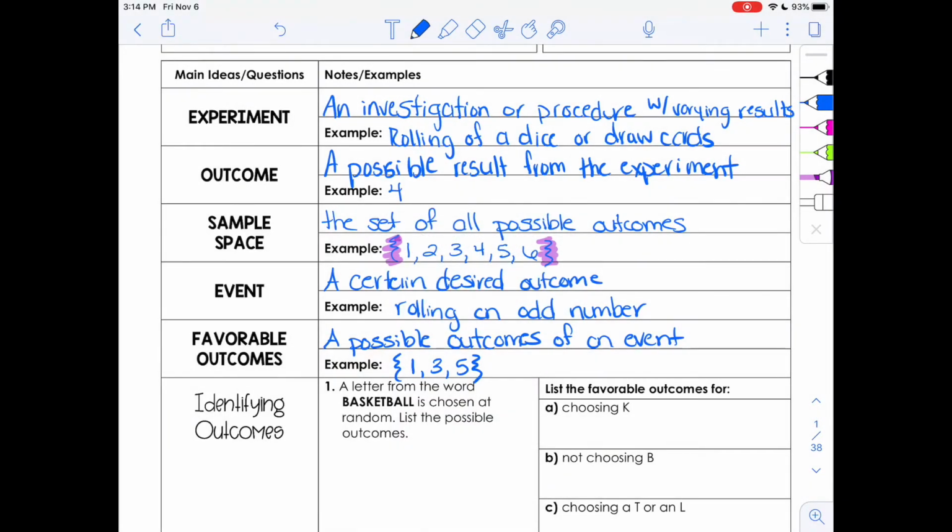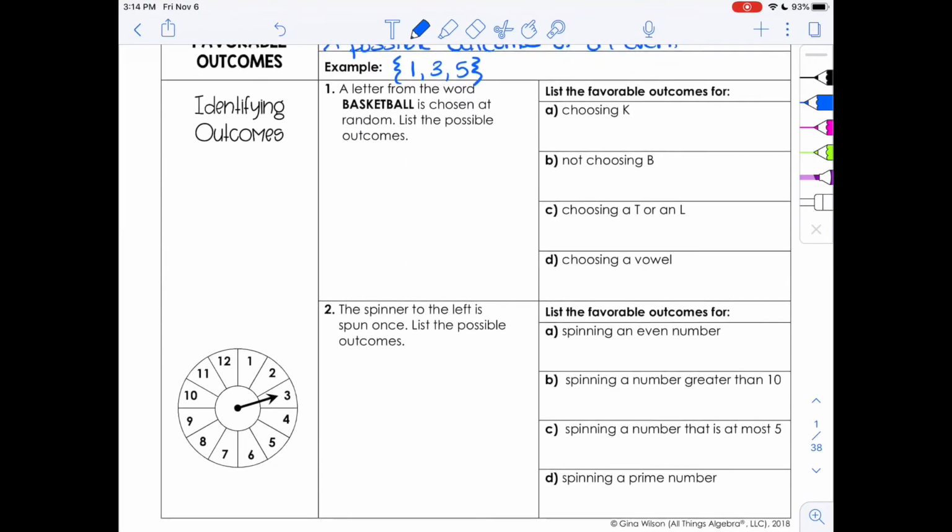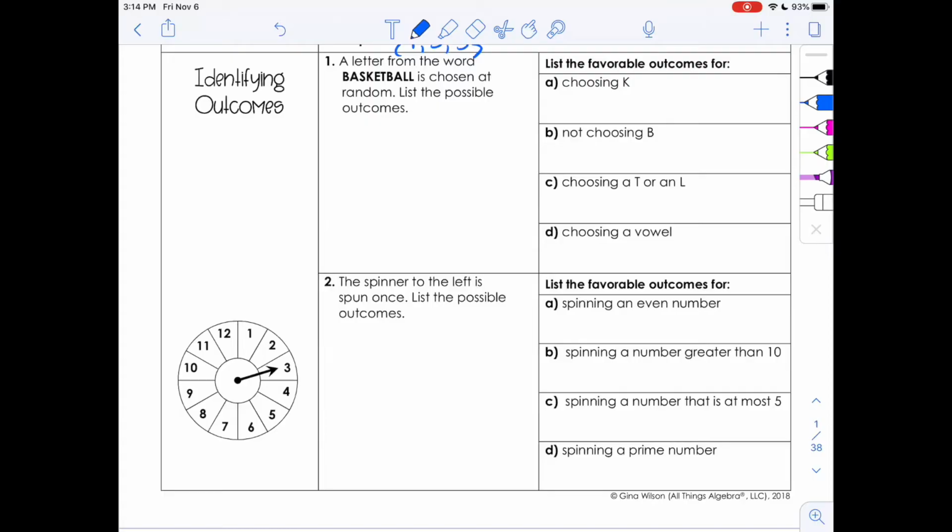Now let's take a look at these vocabulary words a little bit more in depth and how we can use them. So first we're going to talk about identifying an outcome. So looking at number 1, a letter from the word basketball is chosen at random, list the possible outcomes.